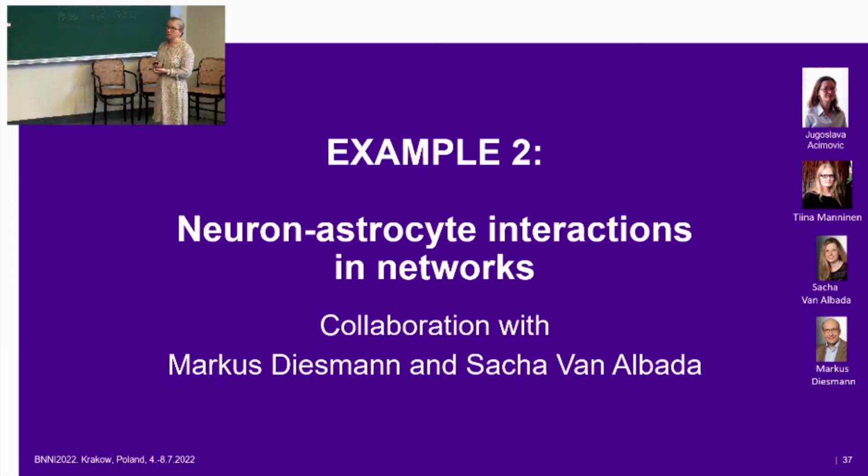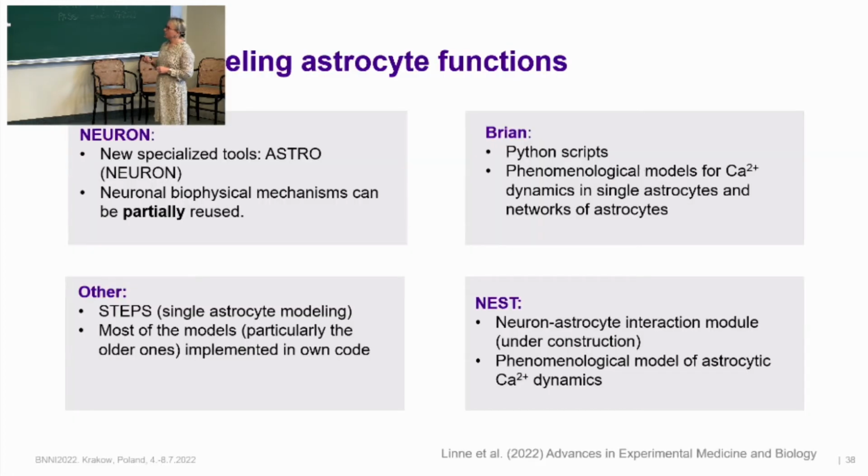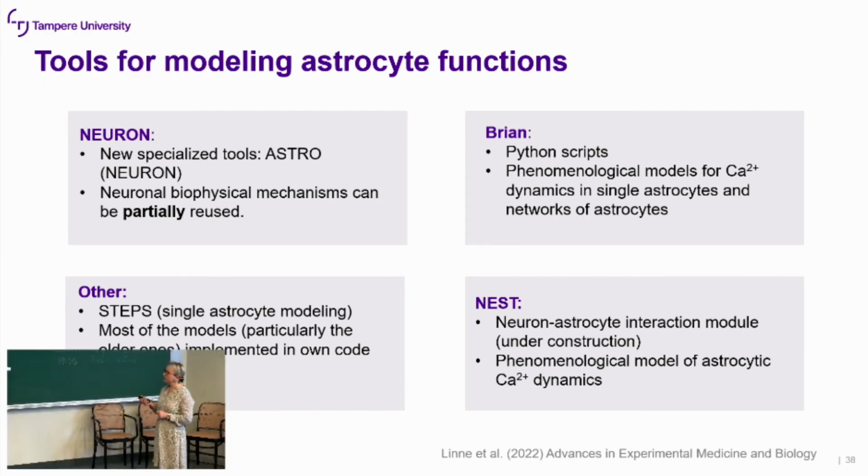So the other example is about neuron-astrocyte interactions in networks, because now we also have an interest to understand not only the synapse, but what happens at the network level. There are some tools. Neuron can be combined with Astro. It's a very recent development. It's a bit challenging, but it works if you know what you are doing.